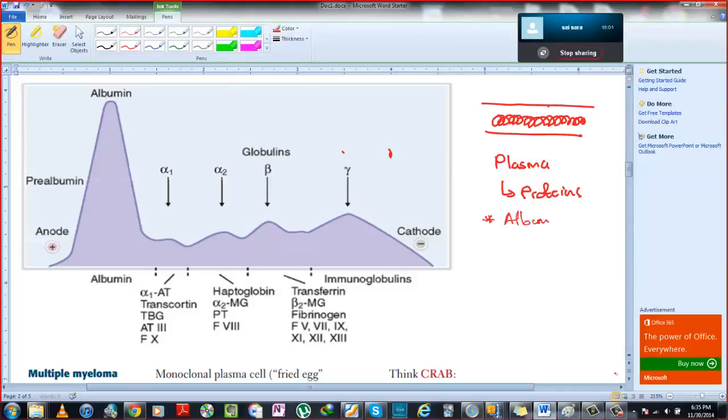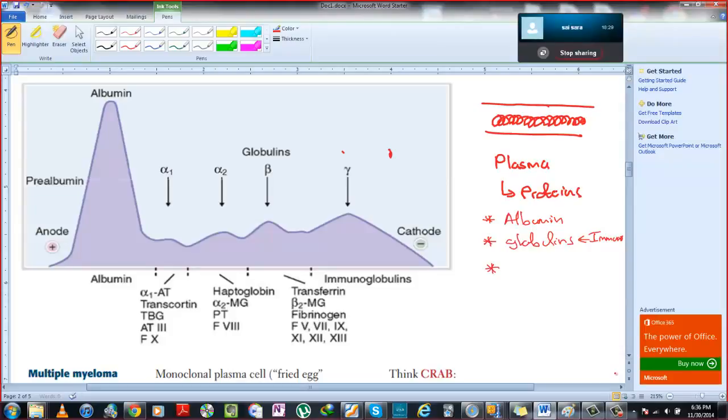No cheating. What is a globulin? Those are the immunoglobulins. Good. Are they proteins? Yes, they're proteins. Good. What else?